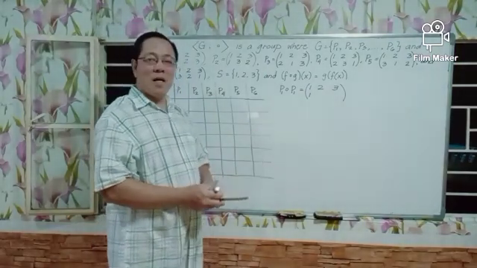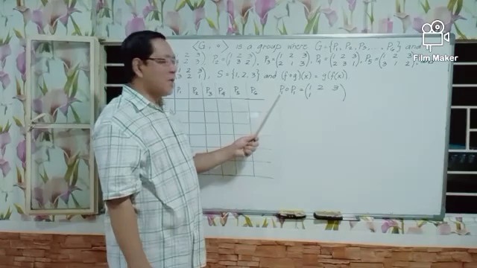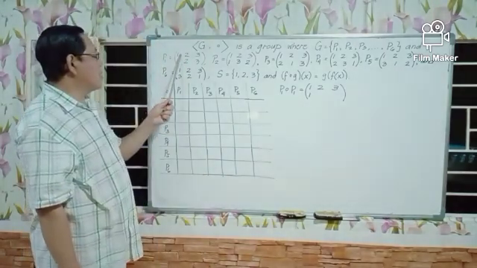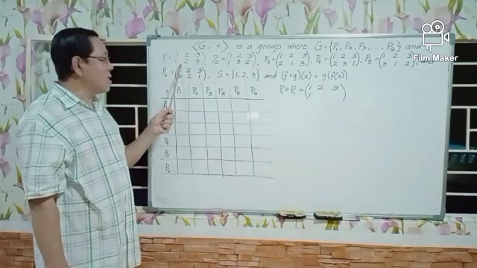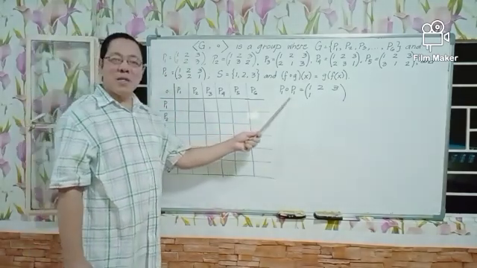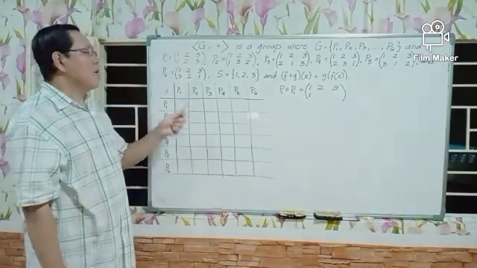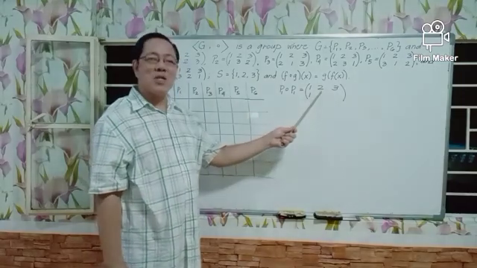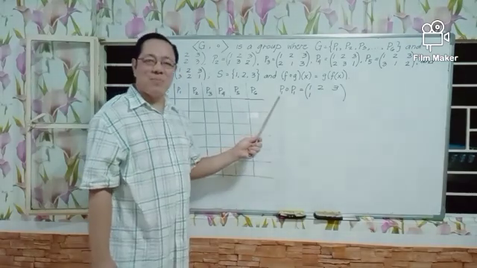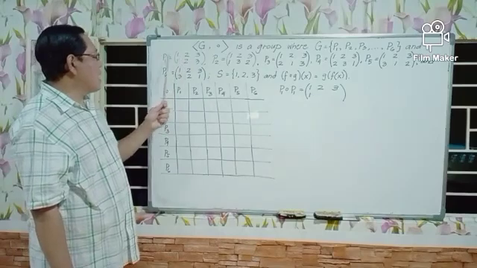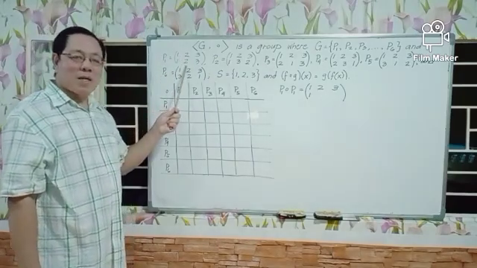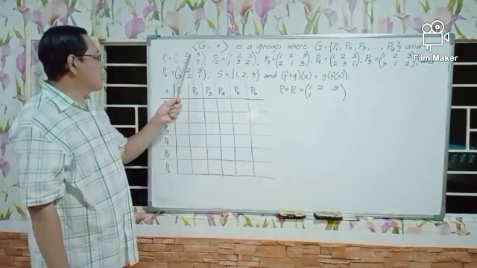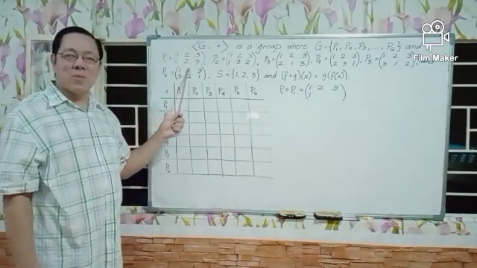Now we find the image of 2 under the function P1. The image of 2 under P1 is 2. And again, we find the image of 2 under the function P1. 2 is again assigned to itself, 2.